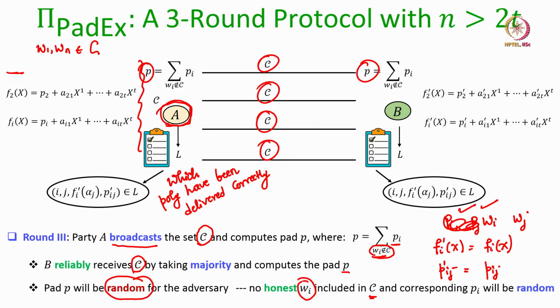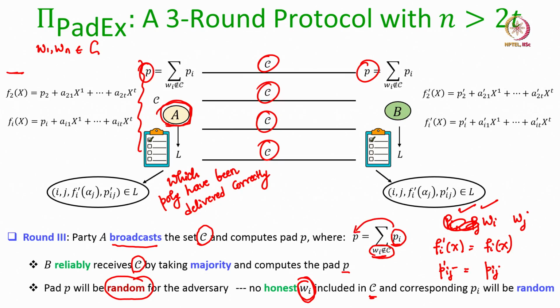So, that is why no honest wire would have been included in this set fancy C. That means all the honest wires are actually outside the set fancy C, and that is why their corresponding P_i's are contributing to this final pad P.